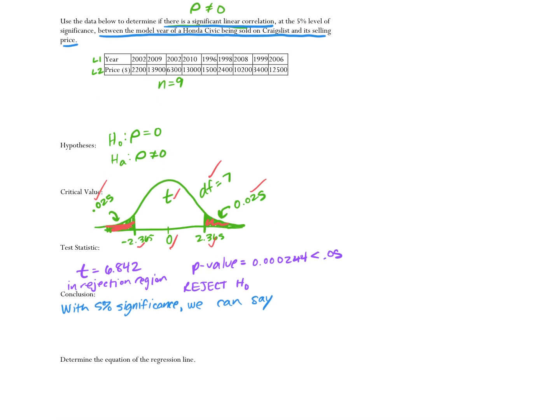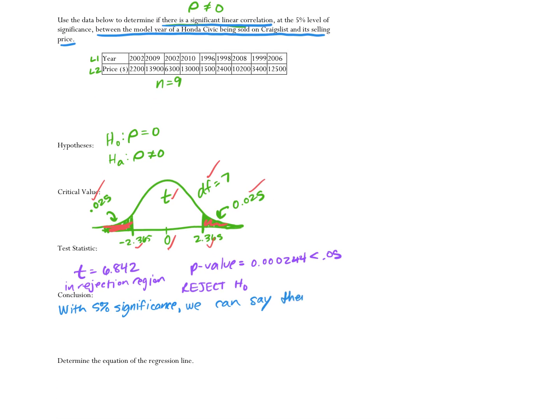But we can say there is a significant linear correlation. This should be an example of where you guys tend to leave your answers. The whole idea is we're talking about an actual context, so maybe between model year and selling price. Tell me a little bit more of the story.